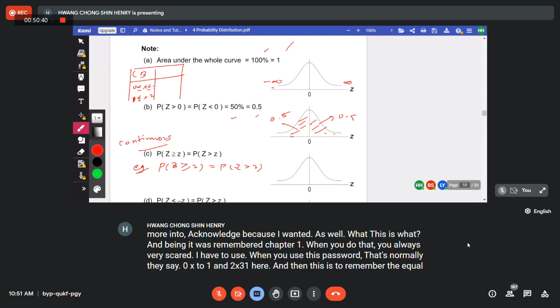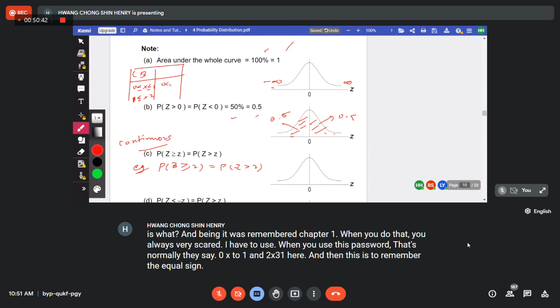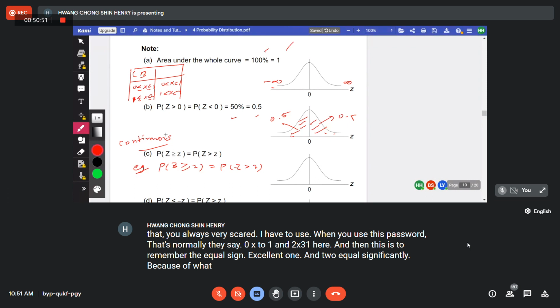Remember the equal sign you can ignore, right? Between 1 and 2, the equal sign you can actually ignore, because of continuous data, remember? Same thing for the normal, you can actually ignore the equal sign. Understand?